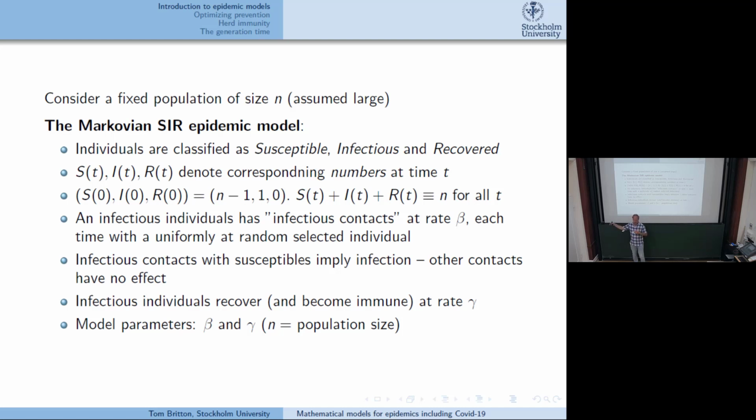So after some finite, albeit random time, the epidemic will stop, and that is when there is no infectious person around, because when that happens, it can never get going again. So that is the model. Questions about this model? Okay.